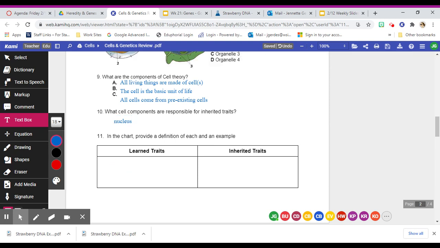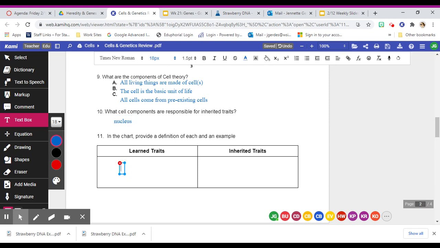Okay, so in the chart, you should have learned behaviors, provide the definition for each and an example. So remember, learned things are things that you learn.